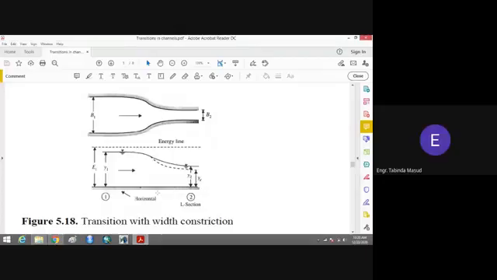What will happen if this is a steep slope and you provide a contraction? If this is a steep slope in a channel and you provide a contraction in the channel, then what will happen? We know that the velocity of flow is higher on a steep slope. So when it comes to the contracted section, again there will be a hydraulic jump, and after the hydraulic jump, the depth of the flow will be increased in the contracted section.